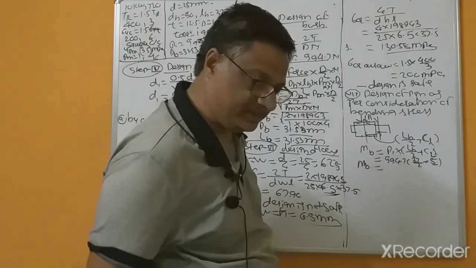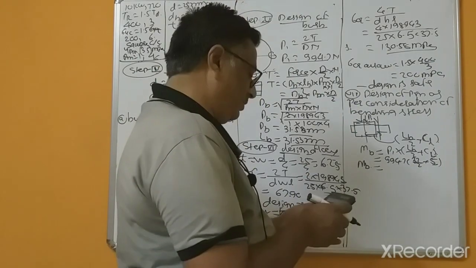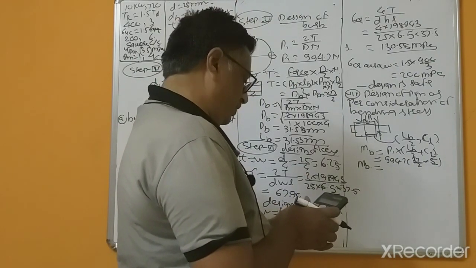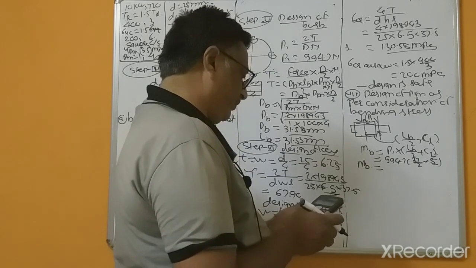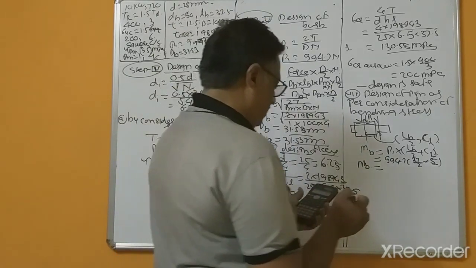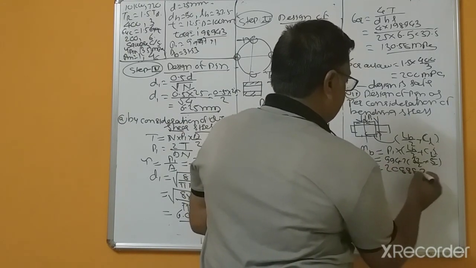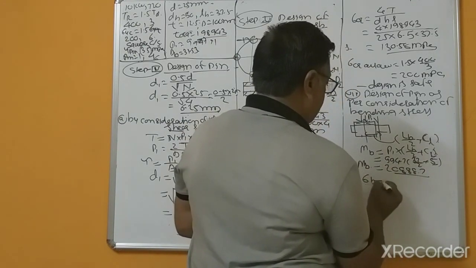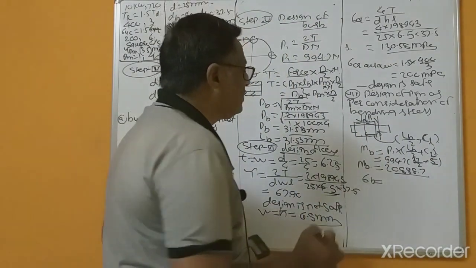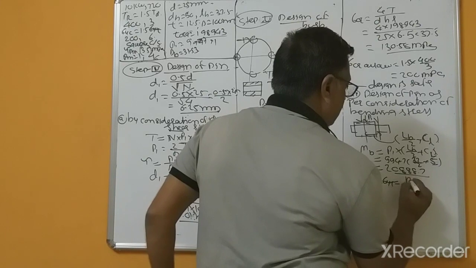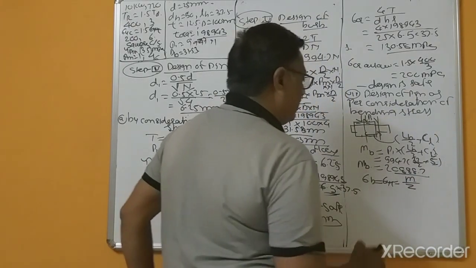MB equal to 16 plus 5, 21, multiplied by 994.7, and this is 2088.7.